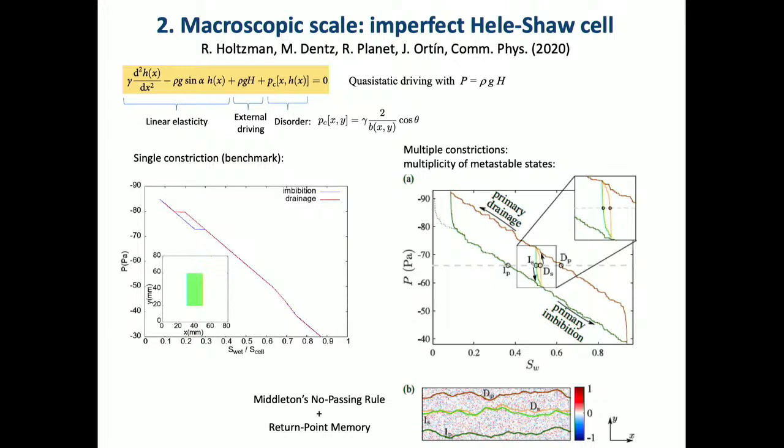Then you have drainage primary here. It's the one with larger saturation. And in between these 2 others. Okay, I don't remember what the S stands for, but small or something, I don't know. But this is one for imbibition, the other is for drainage. You can see that they are not the same, although they exist at the same pressure.